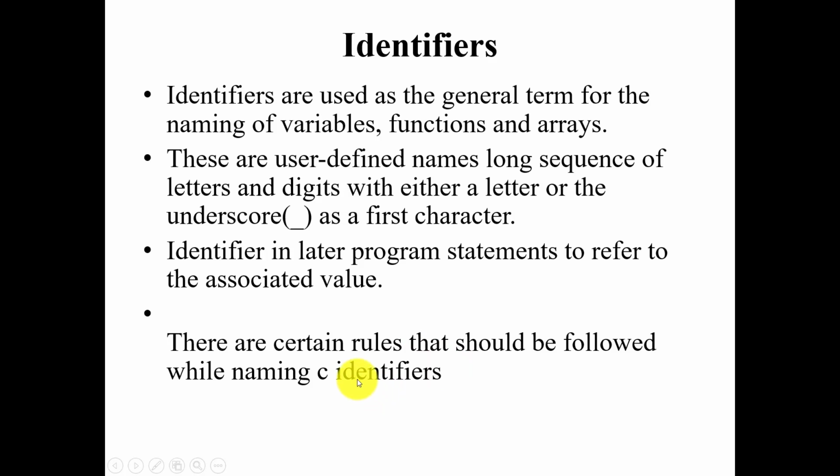In the next video we are going to discuss in detail the identifier rules with examples. Once we write the identifier, later in the program we can refer to the associated value, that is, we can assign a value to the identifier.